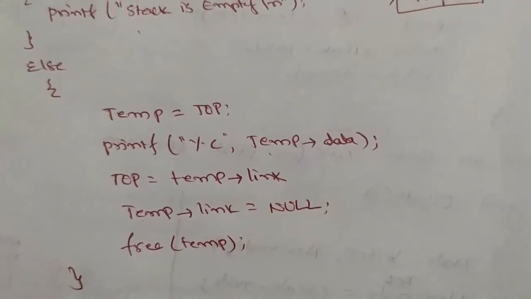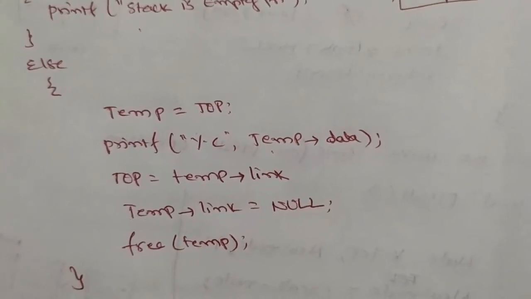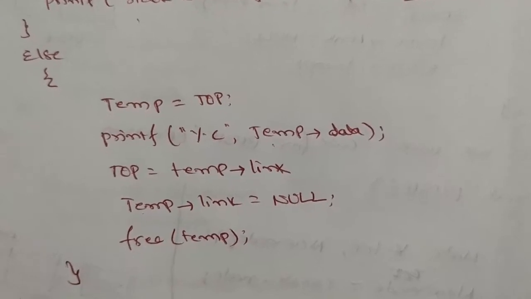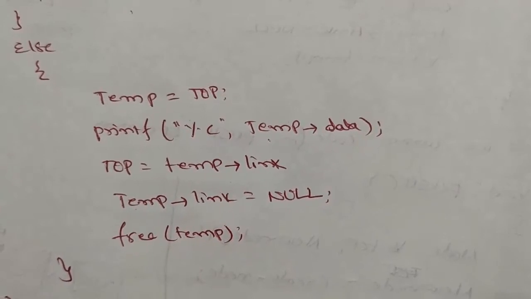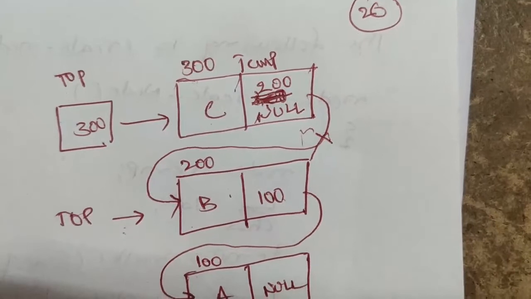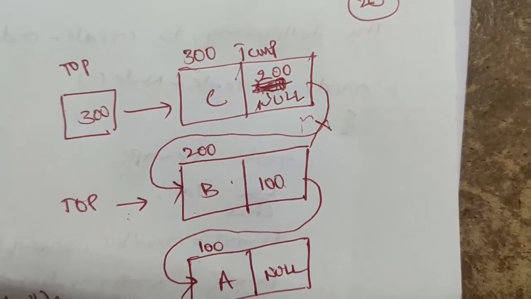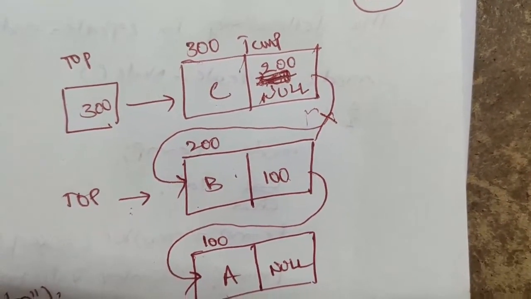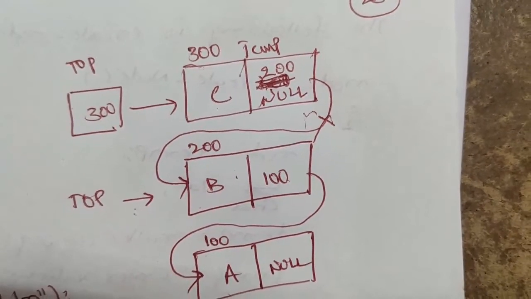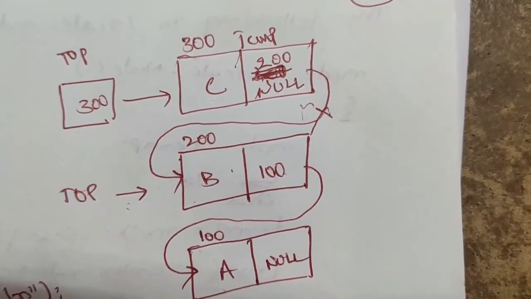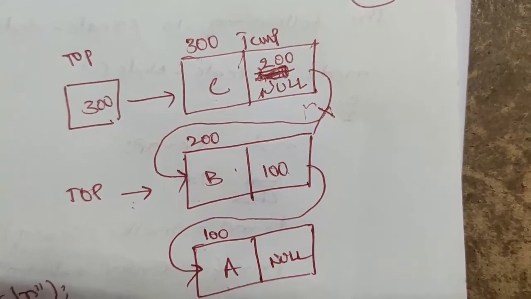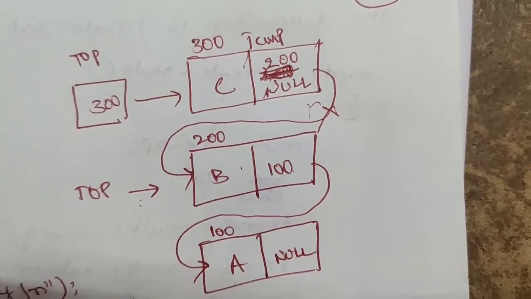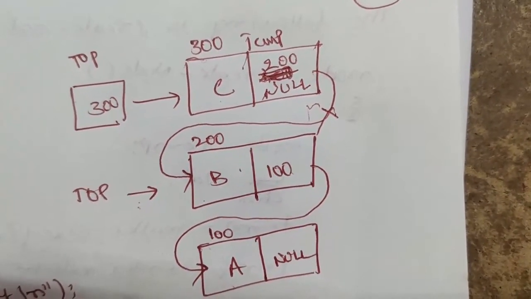The C element is stored in the node whose address is 300, and printf temp data %c, the C is printed. Here we observe that the top element is C and the node address where C is stored is 300. So temp equal to top, so temp is pointing to 300, printf temp data, so C is printed, and then we move top equal to temp link.